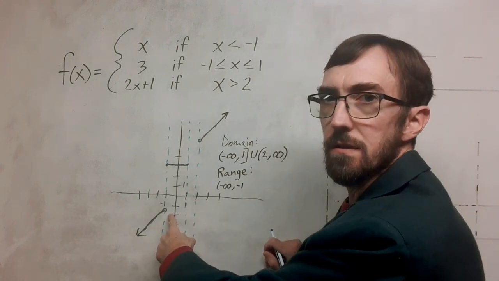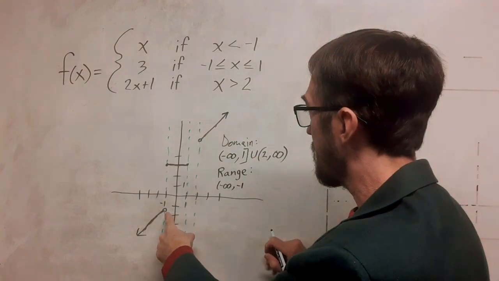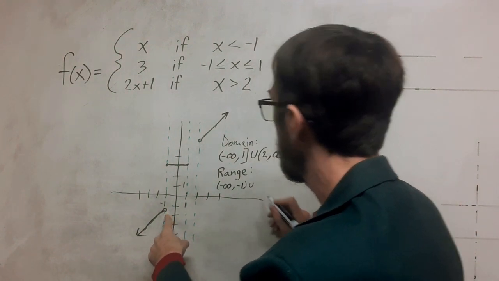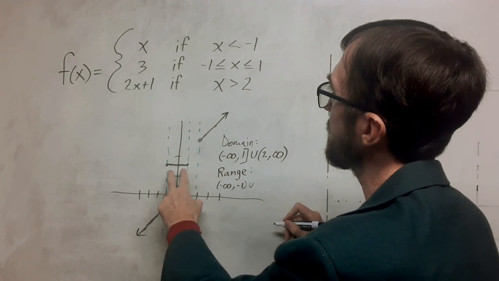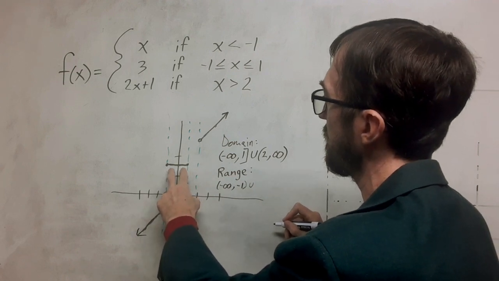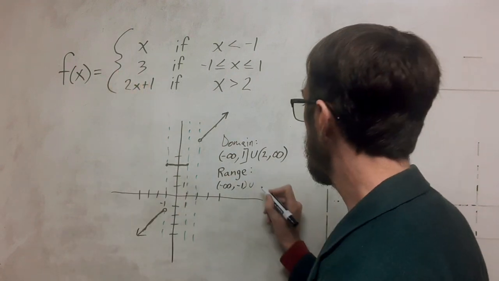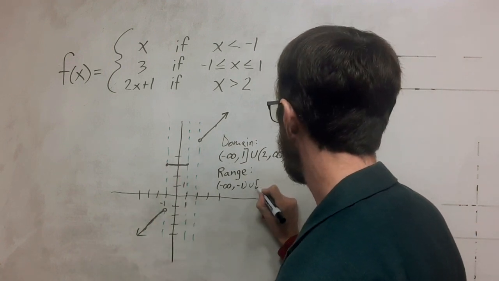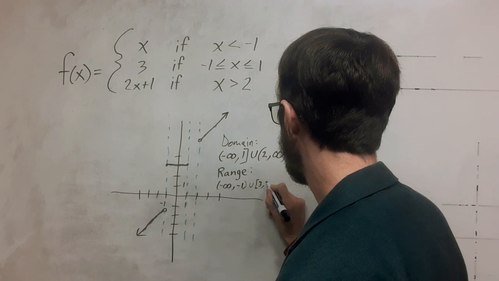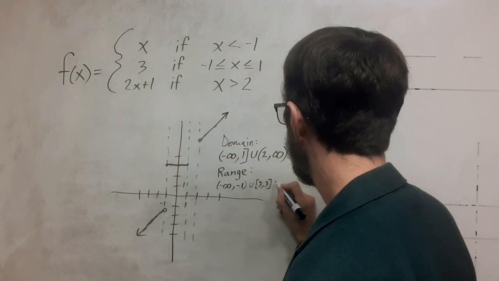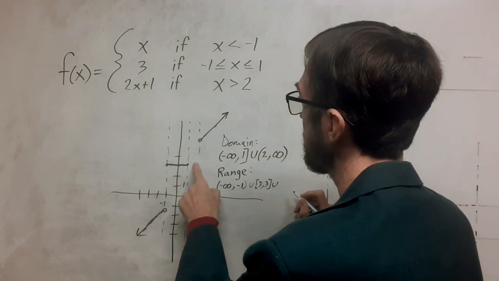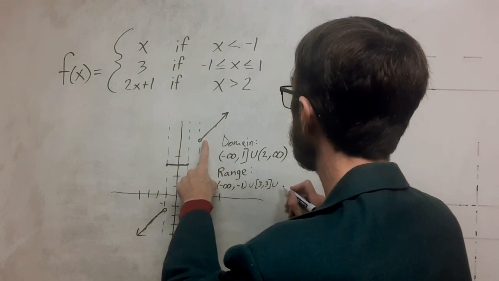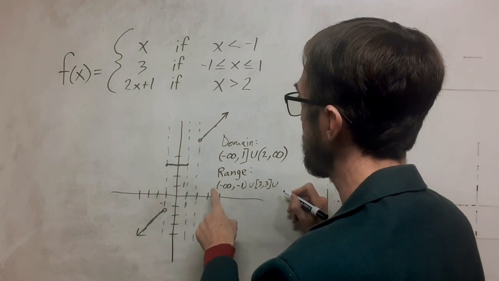Negative 1 is an open circle. It's not included there. We then jump up here to 3, and we do include that. And then we jump again up here to this point, which is not included.